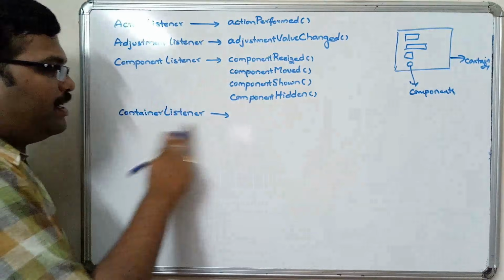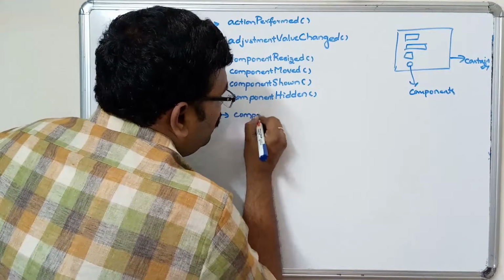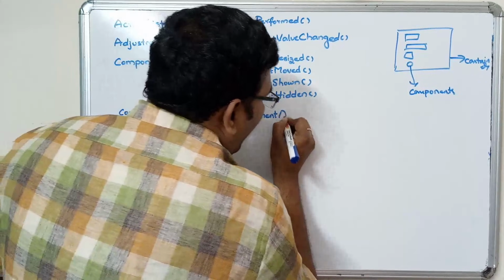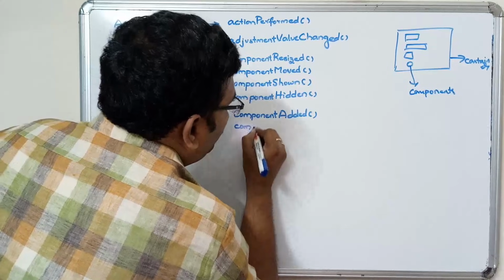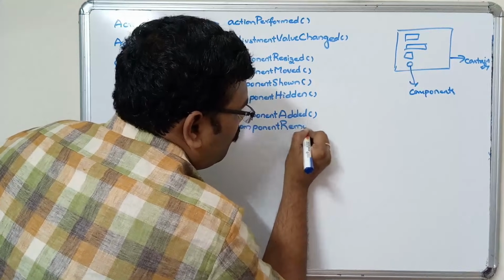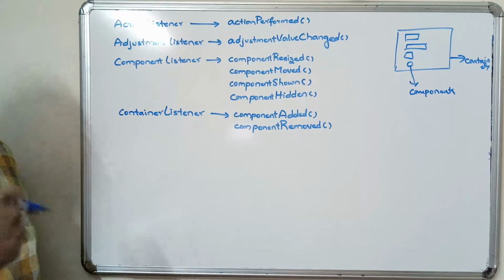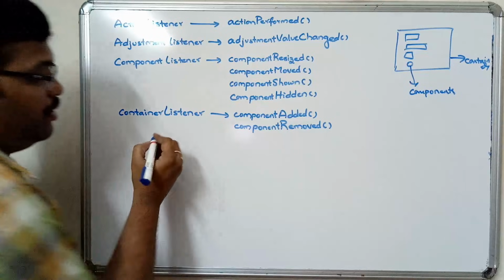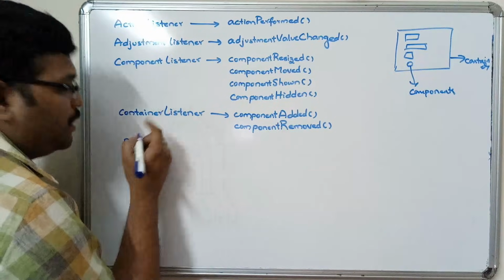Only two methods are available in this container listener: componentAdded and componentRemoved, right? Only two methods.